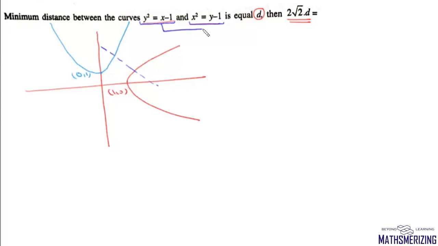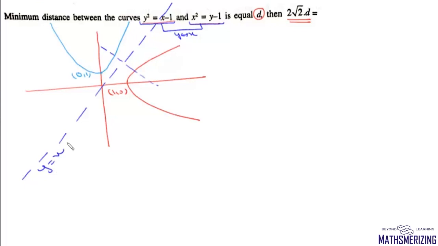If we interchange x and y, then from the first we get the second equation, and from the second we get the first equation. So basically these two parabolas are inverse parabolas of each other, a reflection of each other about the y equals x line.